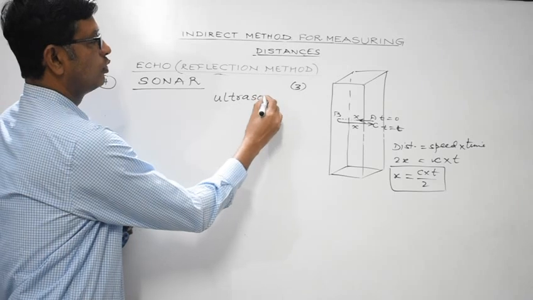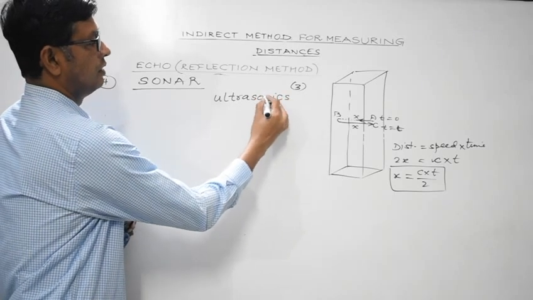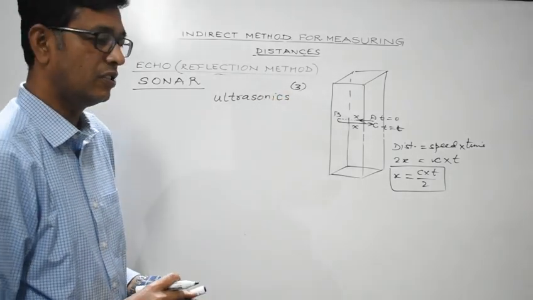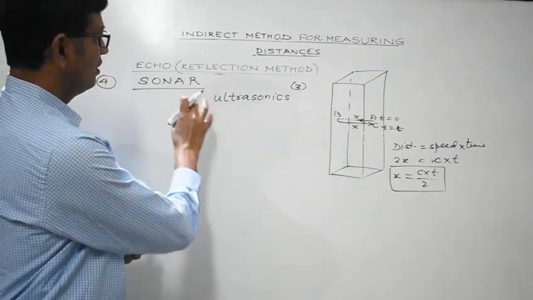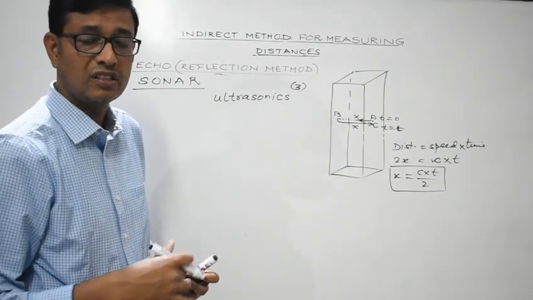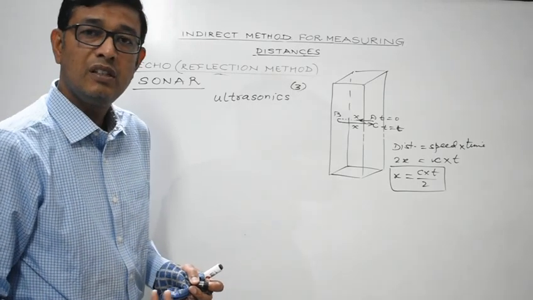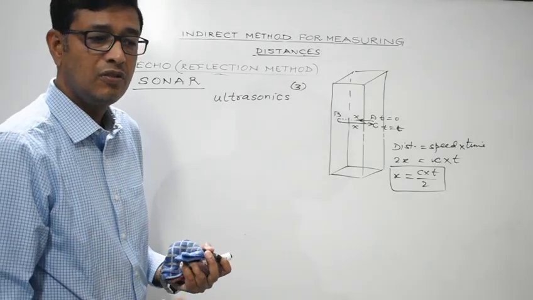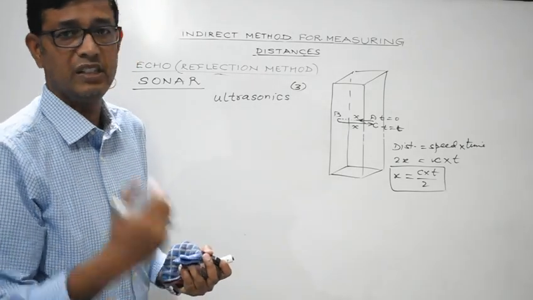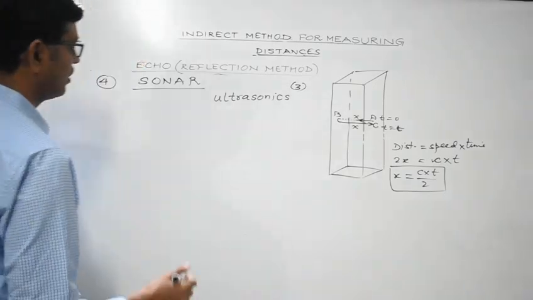It makes use of ultrasonics, right? Ultrasonic waves. So basically, the sonar system can be used to determine the distance of a submerged rock or submarine. So I'll give you an illustration again.